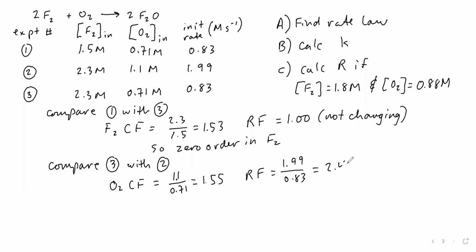I get 2.4. So my possibilities for the oxygen order are 0 order, and if it were 0 order, the rate factor would be 1 and not changing, so it's not 0 order. If it were first order, then my concentration factor for O2 and my rate factor for O2 would be the same, and they're not.